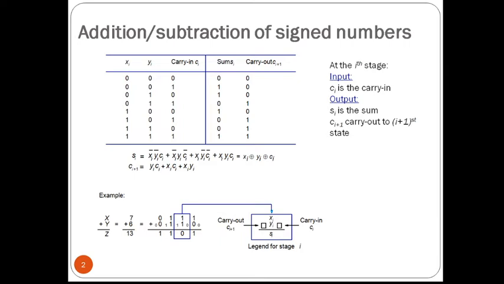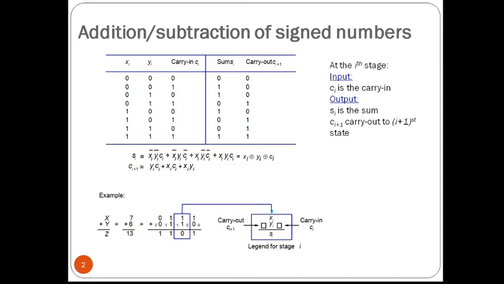When x is 0, y is 1 and carry in is 0, sum is 1 and carry out is 0. When x is 0, y is 1 and carry in is 1, sum will be 0 and carry is 1.